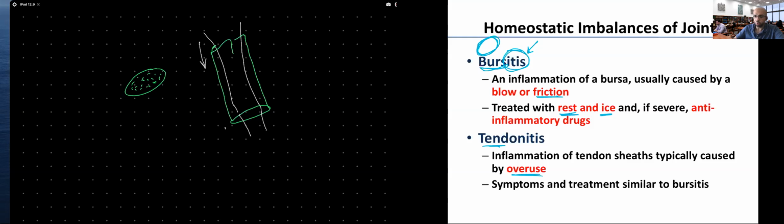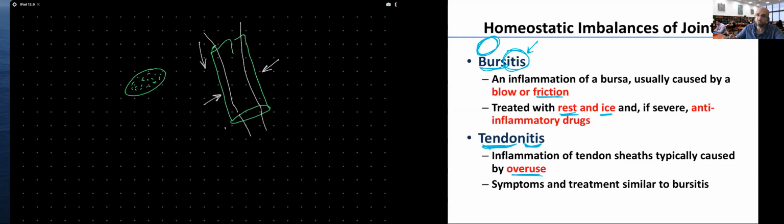This can cause an overuse of the joint, causing irritation to the tendon sheath surrounding the tendons. And this irritation will result in an inflammation of the tendon sheath that we call tendonitis.